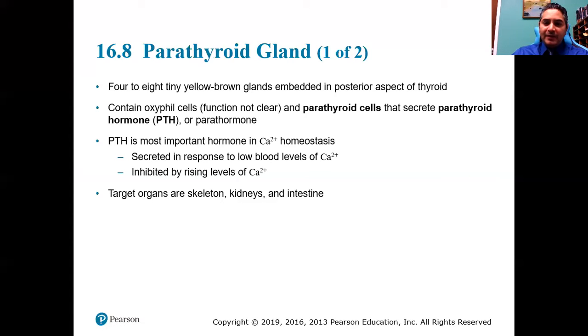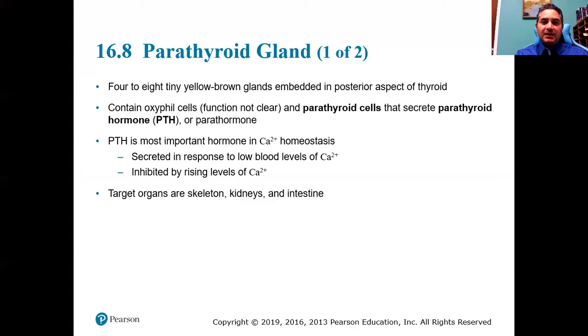So the parathyroid cells secrete the parathyroid hormone. Now, let's look at the reverse of calcitonin. Parathyroid hormone is going to kick in when there are low blood calcium levels, or the concentration of calcium in blood is low.